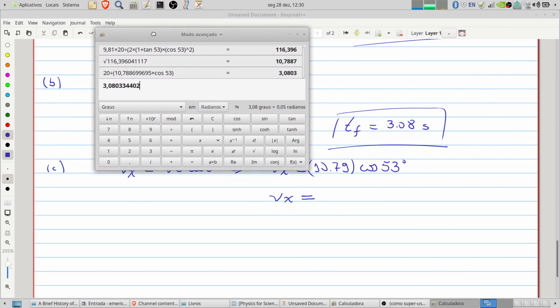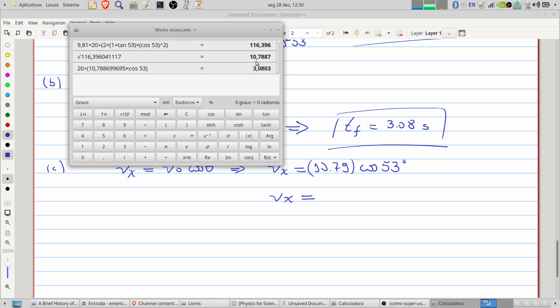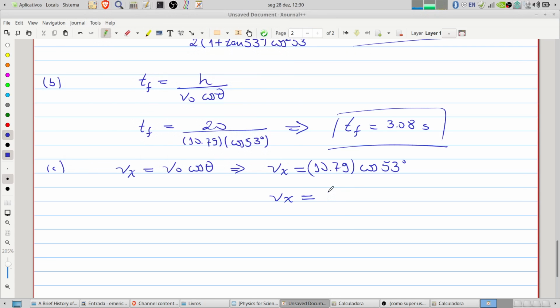So we will have 10.79 multiplied by the cosine of 53, 6.5 meters per second in the x direction.